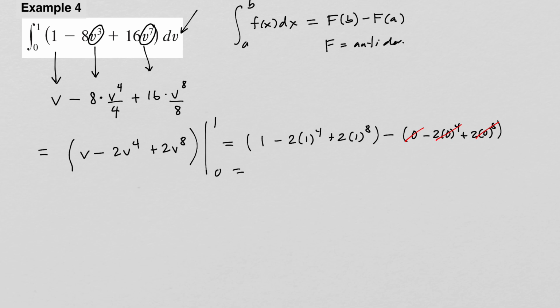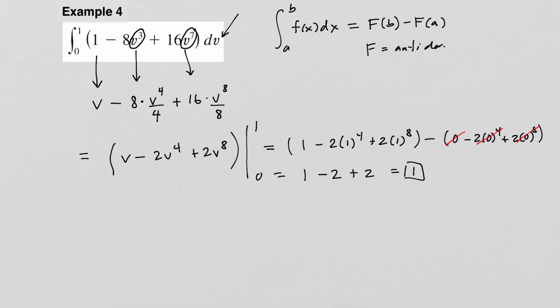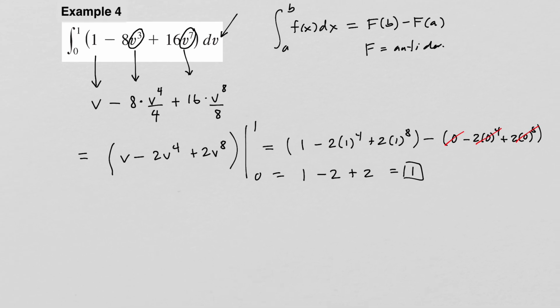And what we end up with here is 1 minus 2 plus 2, which of course is just 1, right? Because 1 to any power is 1. So now we can very easily evaluate a definite integral by simply finding the antiderivative and then plugging in the limits, top limit first, bottom limit second, and subtracting those numbers.